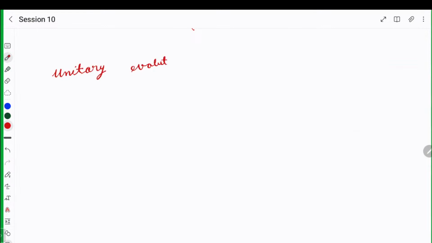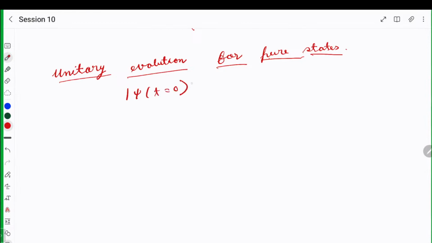So let's recall once how pure states evolve. For pure states, if you remember, if you have some psi at t equal to 0, and if you apply some unitary, then you could find out psi at t equal to t, let's say.